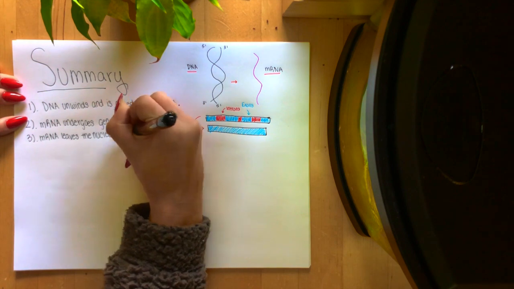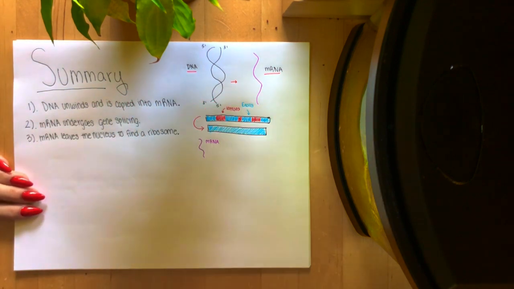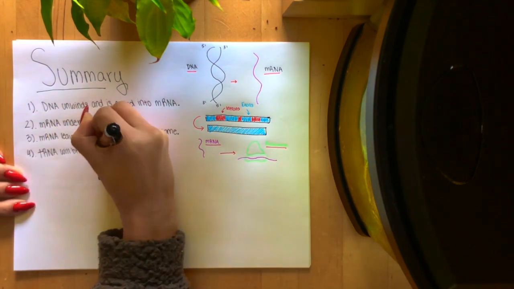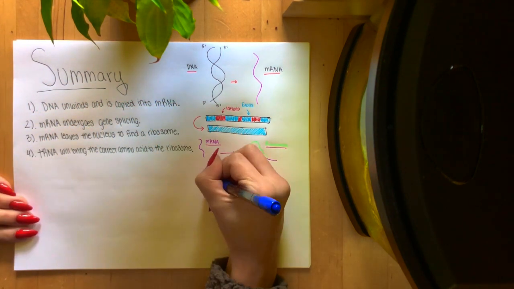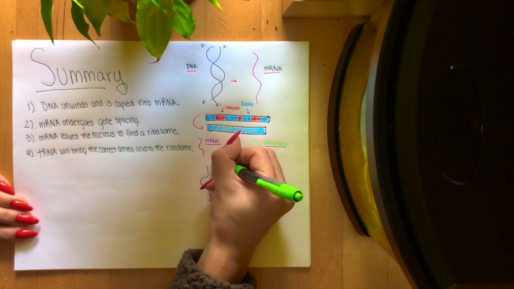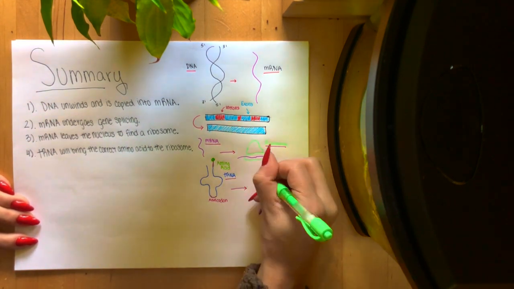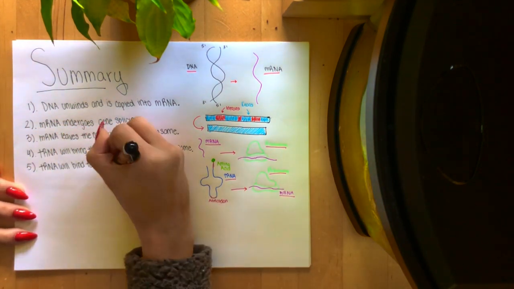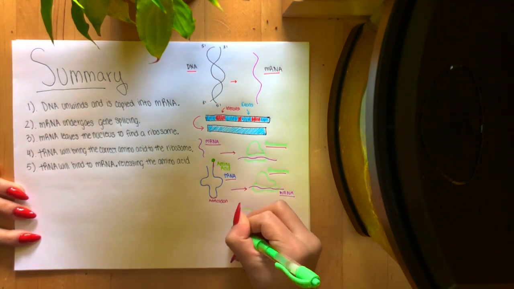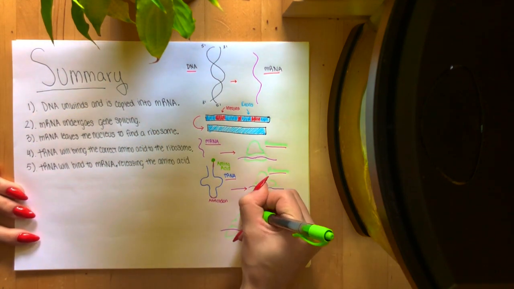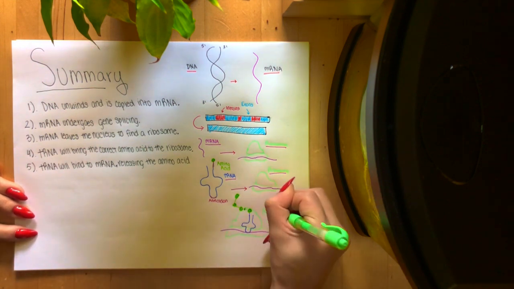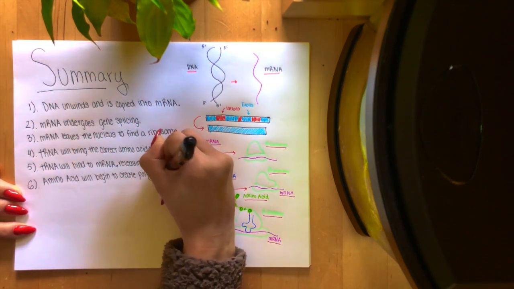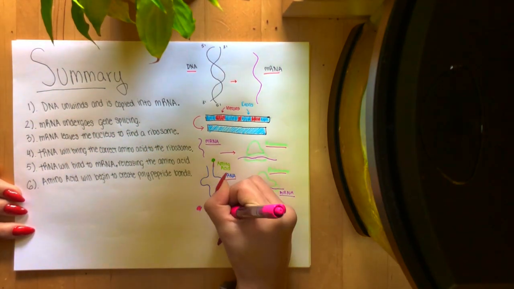Then, mRNA leaves the nucleus to find a ribosome. tRNA will bring the correct amino acid to the ribosome, and then it will bind to the mRNA, releasing the amino acid. The amino acids will form peptide bonds, and then hydrolysis will take place, resulting in a newly formed protein.